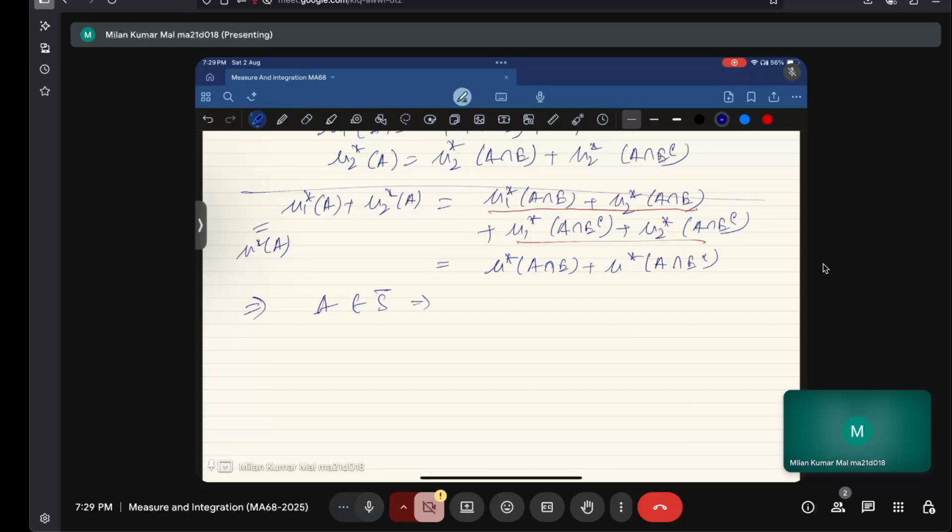So that says that S1 bar intersection S2 bar is a subset of S bar. That implies S bar is equal to S1 bar intersection S2 bar. Okay.